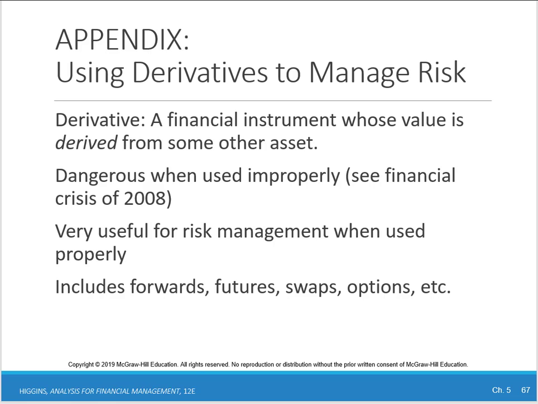So they're very risky, though very useful to risk management. There are lots of types of these derivatives. We're going to highlight forwards, futures, and we'll talk a little bit about options.